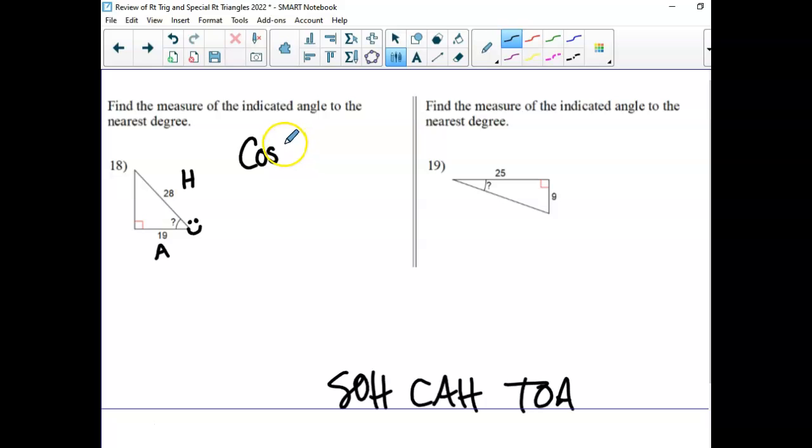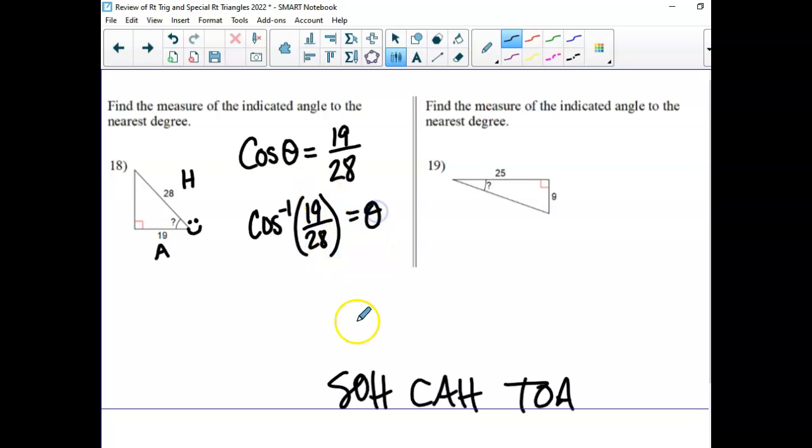Now, we have a cosine of some unknown, I'm going to call it theta, and that ratio is A over H, or 19 over 28. So you can write that step like this, but to undo that, you say I'm going to inverse cosine that fraction 19 over 28, and that will give me theta.